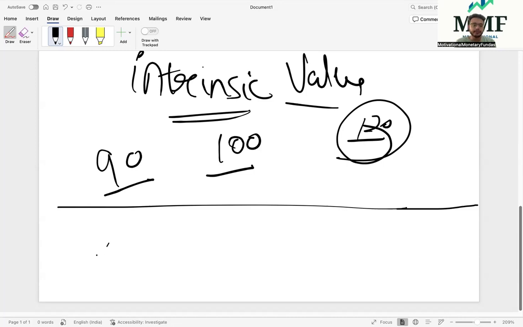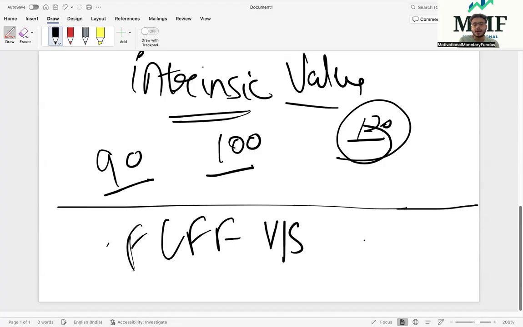अब whenever we're talking about DCF method of valuation, ठीक है, जब भी हम DCF method of valuation की बात करते हैं, we have two concepts. One is FCFF and the other one is FCFE.